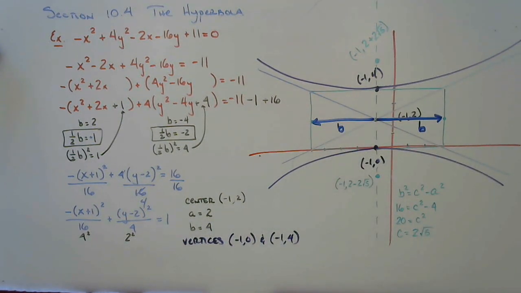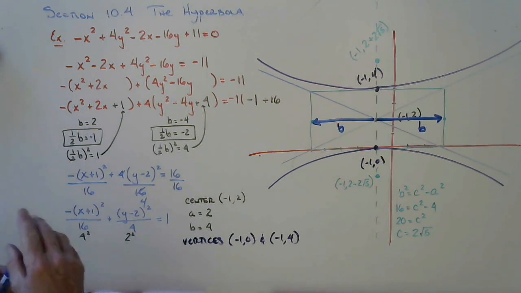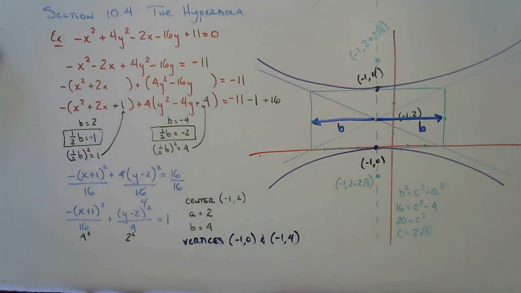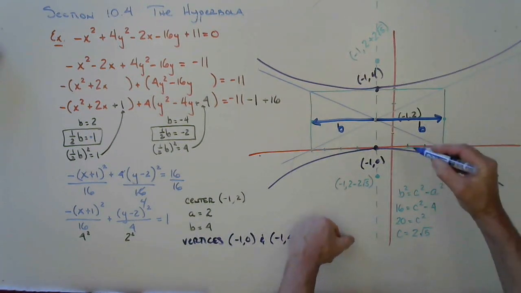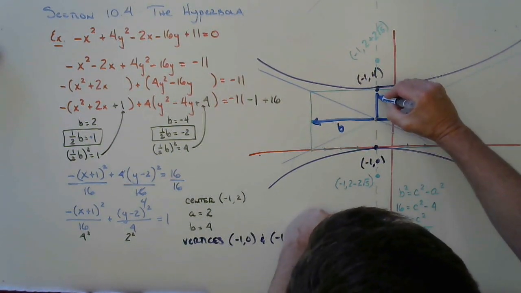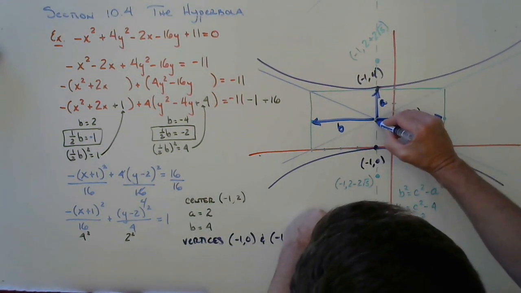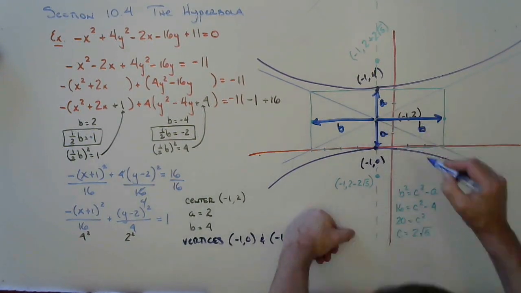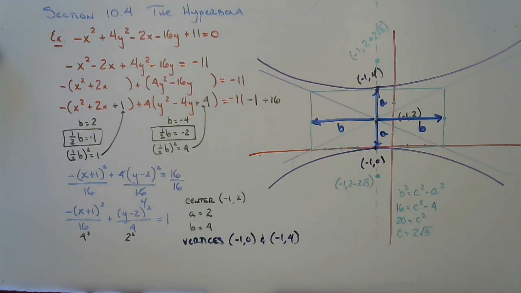Now, the distance between the vertices is 2a, because it's a this way and a this way. And remember, we said this was the transverse axis.